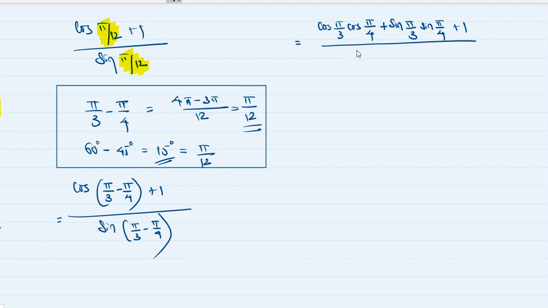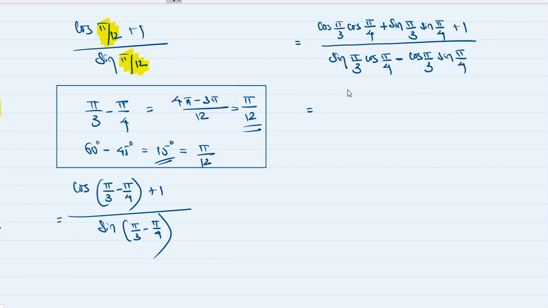Sine of A minus B is sin A cos B minus cos A sin B, where A is π/3.